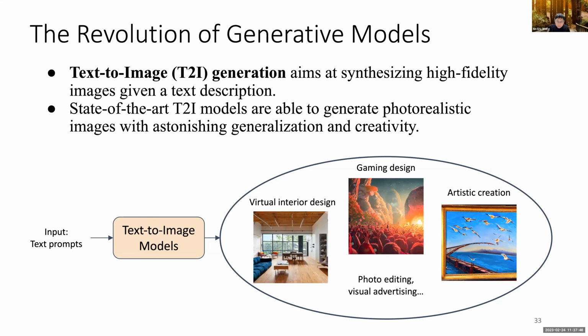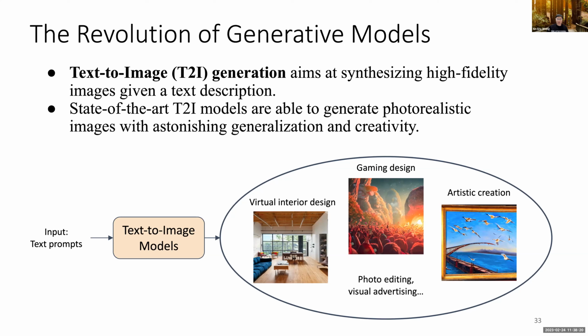Okay, so text-to-image generation basically aims at synthesizing high-fidelity images given a text description. And state-of-the-art text-to-image generation models are able to generate very photorealistic images with stunning results, right? And it's really impressive. I'm sure lots of you have tried the Stable Diffusion model or the DALL-E model to generate some images.